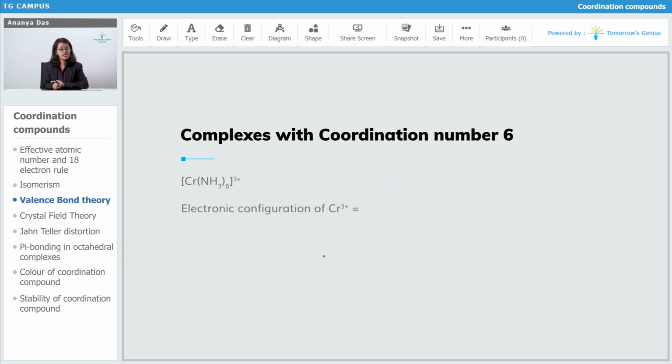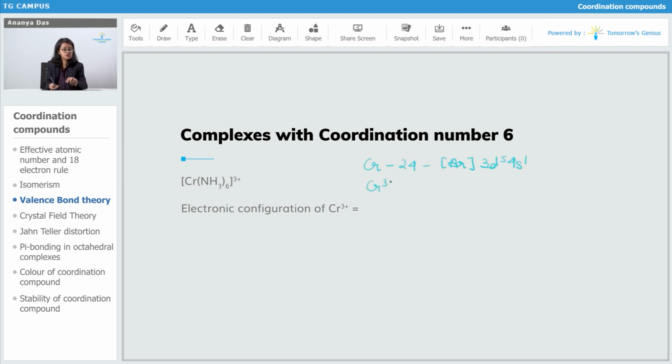Next, you have to determine the electronic configuration of chromium 3 positive. Chromium has an atomic number of 24 and its electronic configuration is argon 3d5 4s1. Chromium 3 positive means that it has lost 3 electrons.